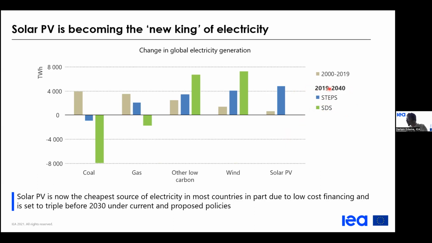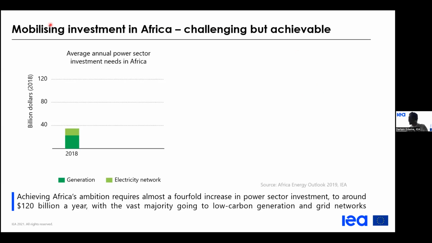So in these 21 years, let's say from 2019 to 2040, in terms of changing global electricity generation, we can see how coal is decreasing a lot, and we have the renewable part, which is increasing even more compared to the STEPS scenario, because we have wind, which is almost doubling in terms of changing global electricity generation, and it's the same for the solar PV, that here you can see is really the reason we are used to call it the new king of electricity.